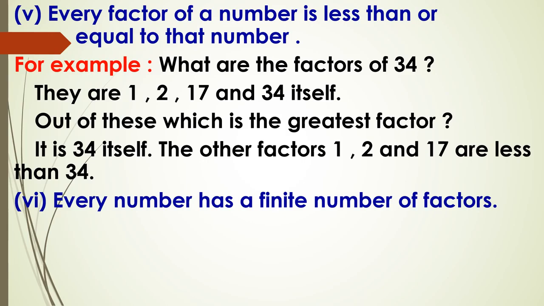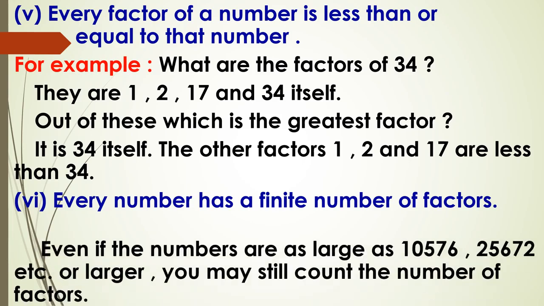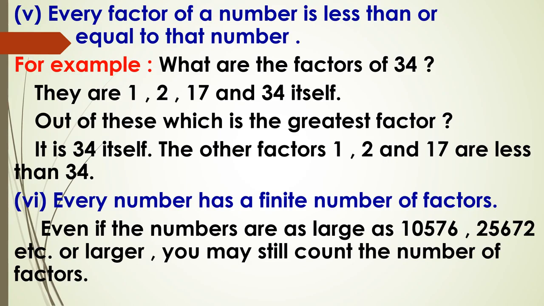Now see, every number has a finite number of factors. Finite means which we can count. So we are finding the factors of even the larger number, but you can still count the number of factors. Whatever the number we have, whether it is the greater number of 5 digits, 6 digits, 7 digits, we can find out the factors of every number.